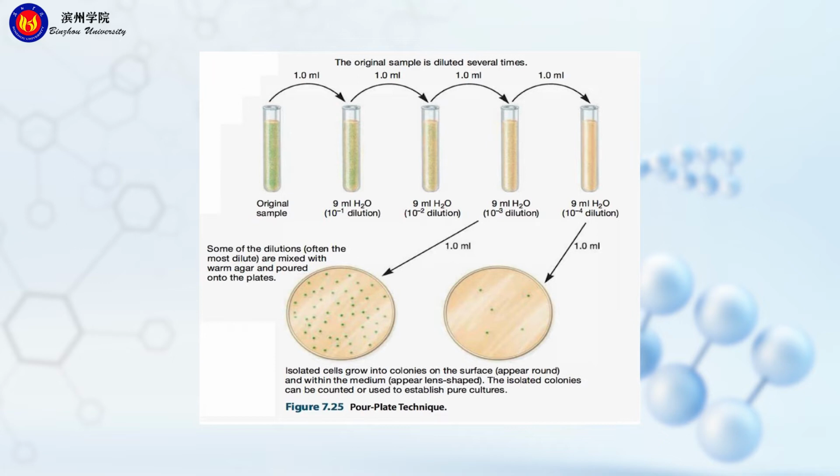Isolated cells grow into colonies. Colonies on the surface appear round, and those within the media appear lens-shaped. The isolated colonies can be counted or used to establish pure cultures.